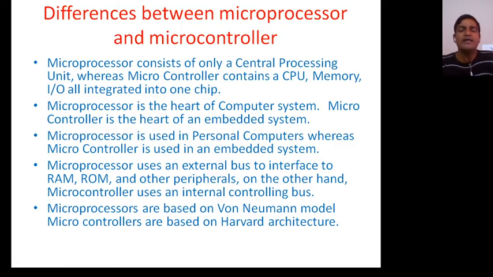One more difference: because a microprocessor contains only a CPU, you cannot use it as a single IC. If you want to use it as a multi-purpose programmable device, you need to interconnect the microprocessor with input output devices and memory with the help of the system bus.